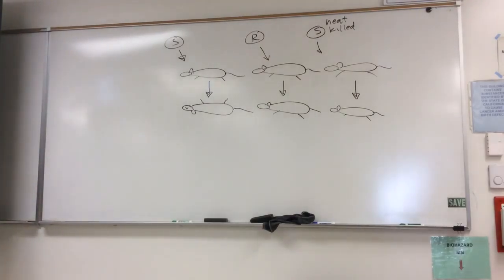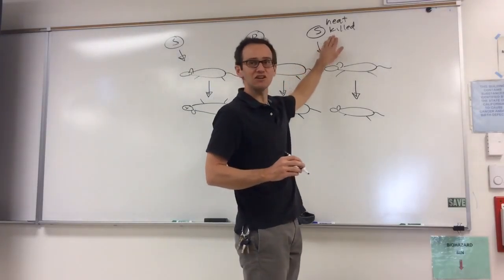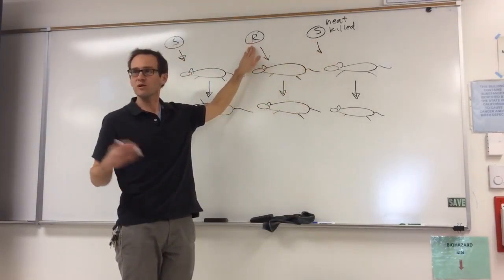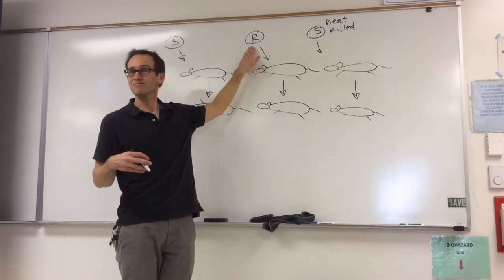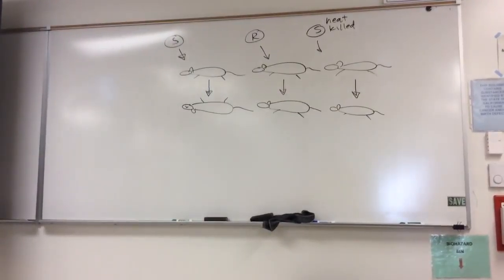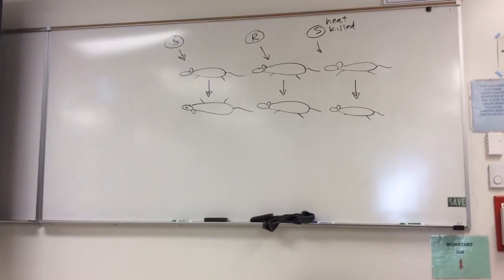But this is where things get weird. And I think a lot of students find it to be suddenly intriguing and interesting. That is, if you take the heat-killed S bacteria and along with living R bacteria, you introduce them together, guess what happens? The mouse dies. And not only does the mouse die, you can now recover from that dead mouse living S bacteria. Right?